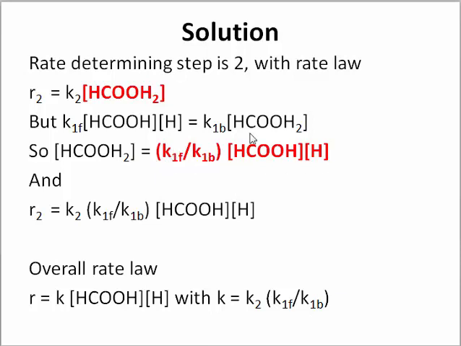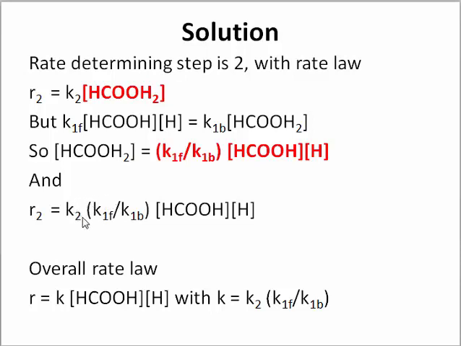Again, we can use this expression to replace the intermediate in the rate law of the rate determining step. That gives this expression for the rate law of step 2.